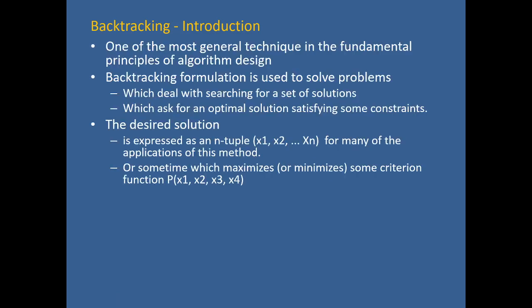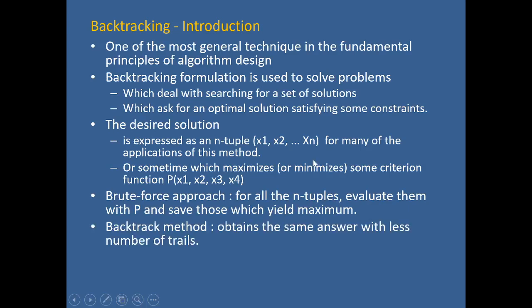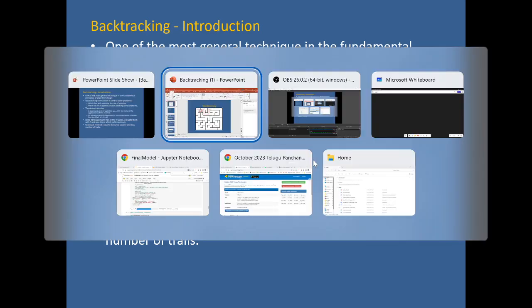Coming to the introduction, generally we use backtracking when the solution of a problem is expressed as a tuple, a tuple of n values. Those n values look in this way: x1, x2, and so on up to xn. The tuple size can be 4 values, 5 values, 10 values.